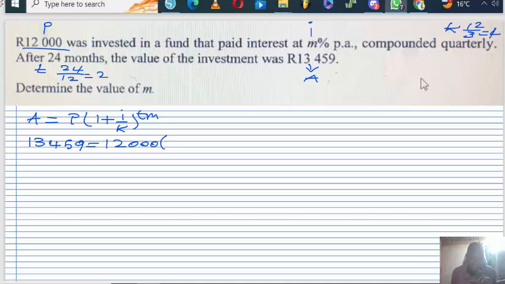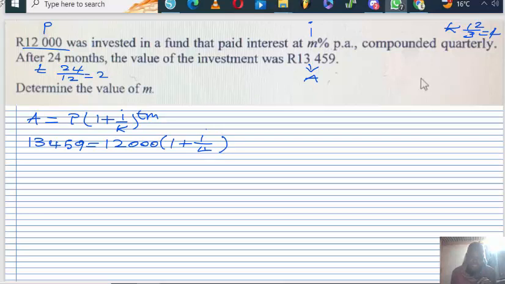I won't be punching in the numbers. So 1 plus. Now I is what we are looking for. Determine the value of M. So I is what we are looking for. M, which is I over K. K is what? 4, according to what we've actually worked out there on top.